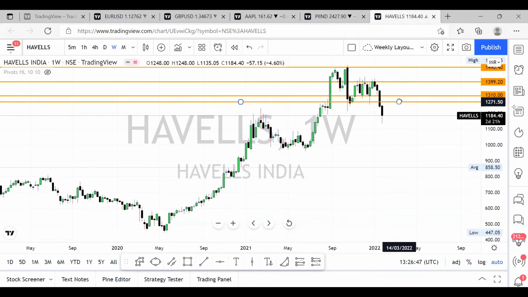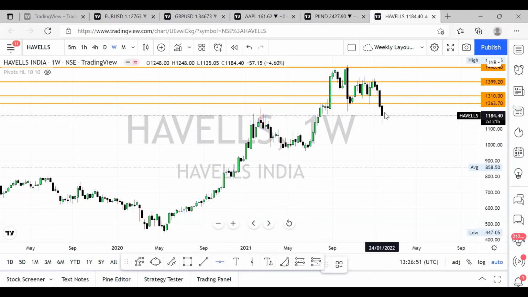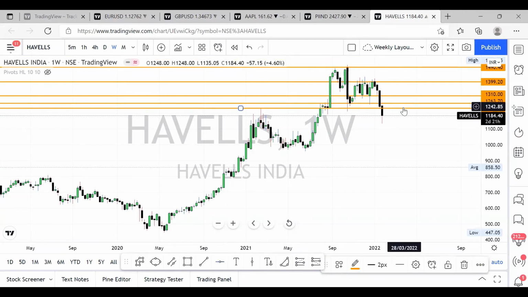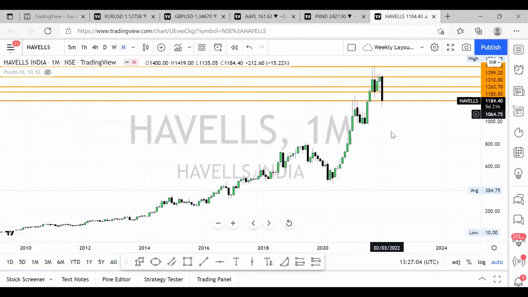And once you've perfected your strategy, you'll see that your trades themselves are going to get a lot better. So at this moment on the monthly, it is showing downtrend. Sorry, my mistake. On the monthly here, it is showing downtrend.